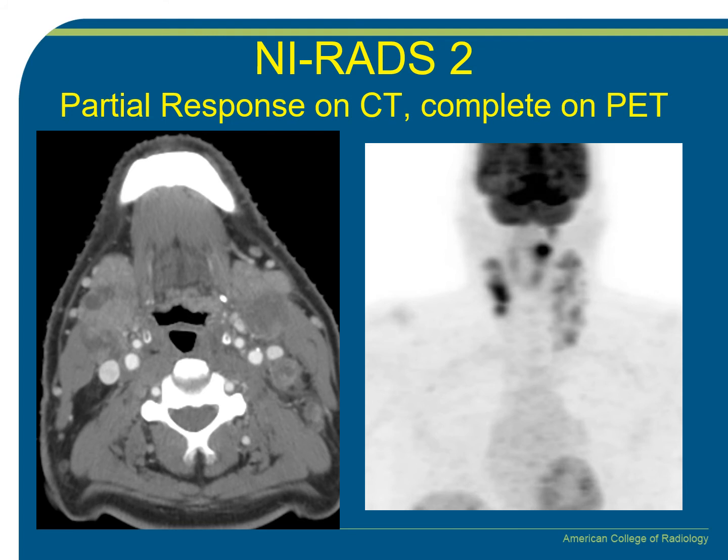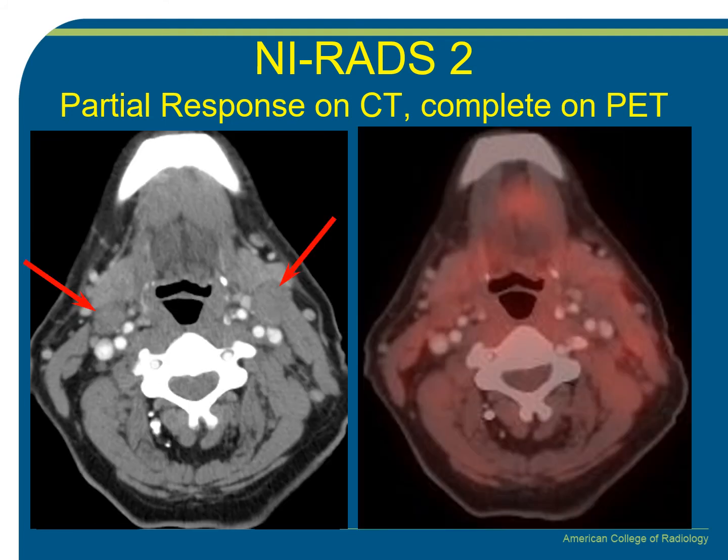After treatment, these nodes have almost completely lost any FDG avidity, but they're still not simple on CT. They're not calcified, they haven't gone completely cystic. There's still some areas where there might be some enhancement, so we're not completely confident here. Probably, based on the PET, probably these have been sterilized of malignancy, but we're not entirely sure, so we're going to call this NI-RADS 2.